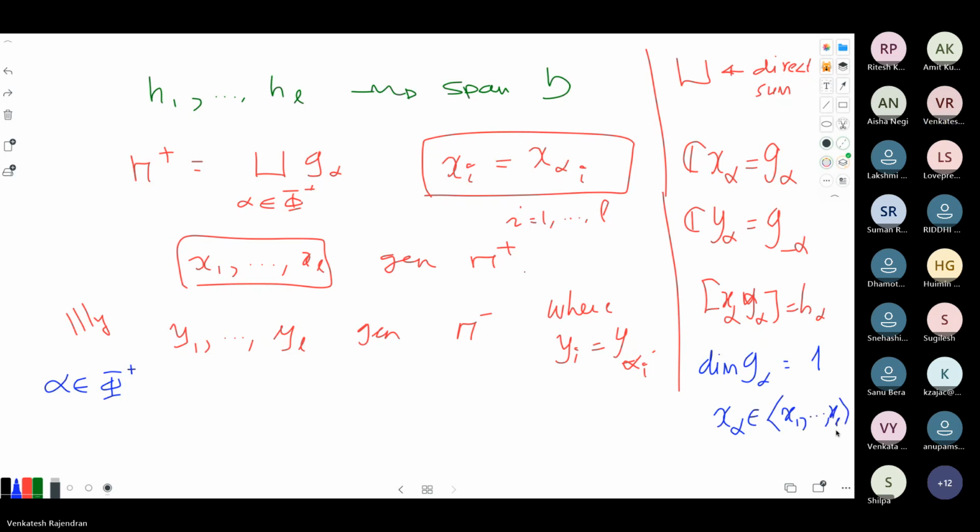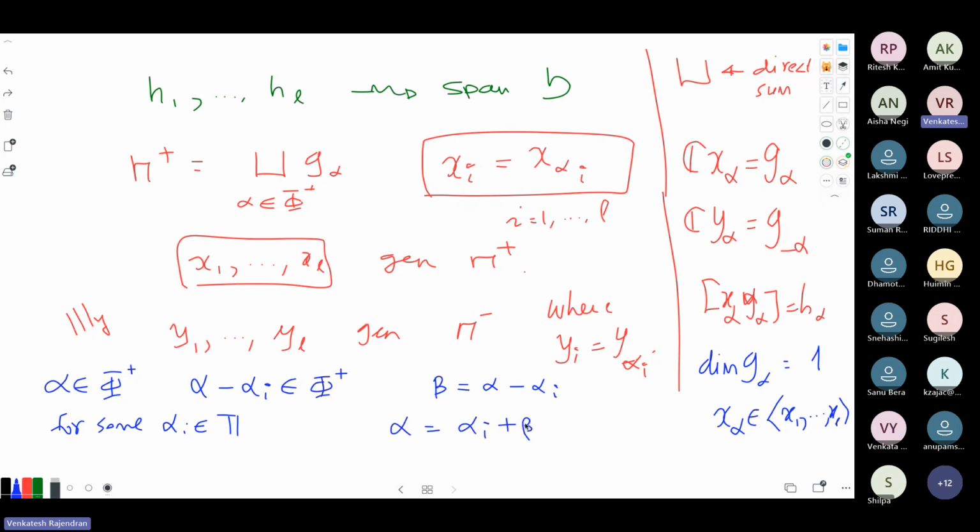If I take alpha, you know that alpha minus alpha I is a positive root for some alpha I in pi. You call this beta, alpha minus alpha I. Then you can see that alpha is nothing but alpha I plus beta.